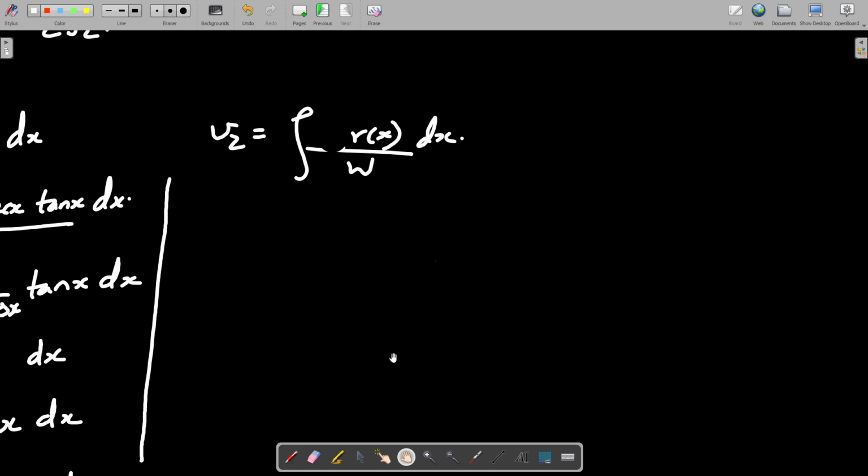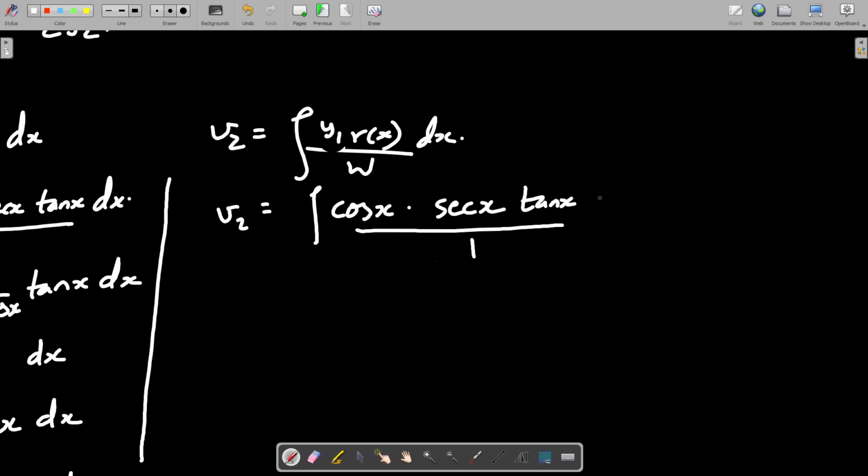So v2 is supposed to be, let us finish this fast, y1 of x. v2 is equal to this, y1 was cos x for us, right? So cos x into sec x into tan x, cos x and sec x will multiply and give you 1, they cancel each other, so this becomes integral of tan x dx, which we have just found out was minus ln of cos x.